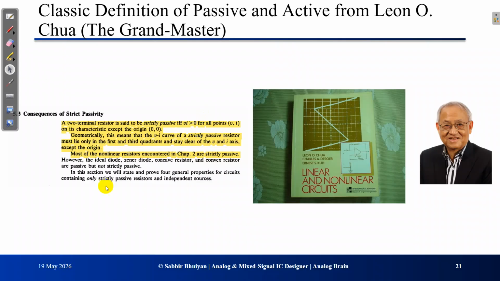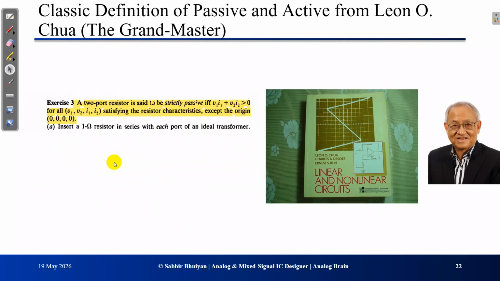Now let's see. Our two-port resistor is said to be strictly passive if V1 I1 plus V2 I2 is greater than 0 for all V1, V2, I1, I2 satisfying the resistor characteristics except the origin.